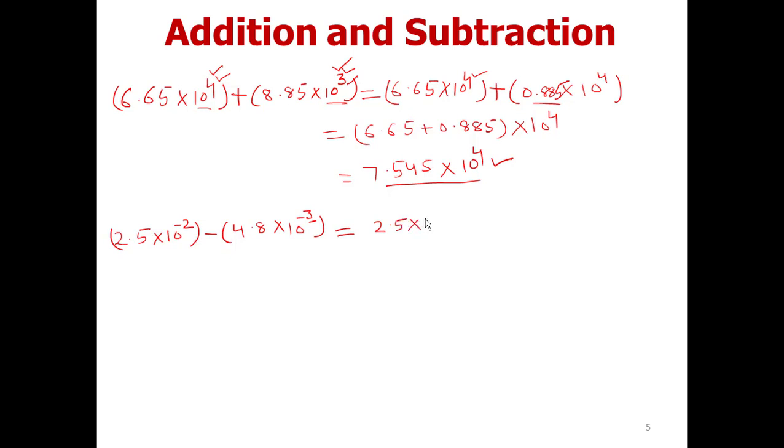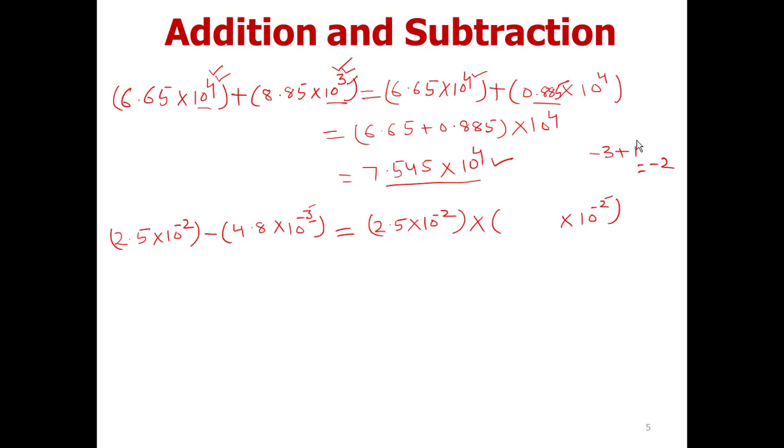2.5 into 10 raised to the power minus 2 as it is, as we are not doing anything to it. So we are making it 10 raised to the power minus 2. Now to make minus 3 to minus 2, we have to add 1, because minus 3 plus 1 is equal to minus 2.